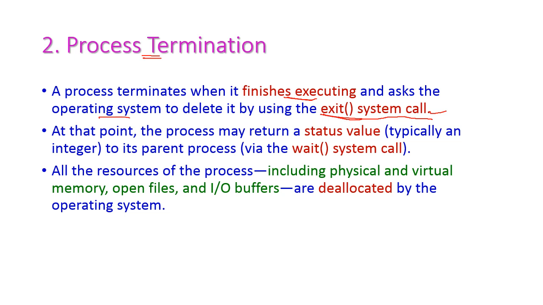Before exiting, the process returns the status value to its parent, and by using the wait system call, all the resources of the process, that is, the resources allocated to the process for execution, are deallocated by the operating system once the process has completed its execution.